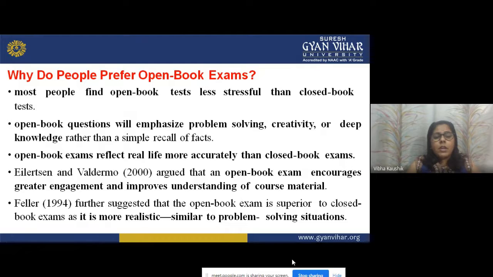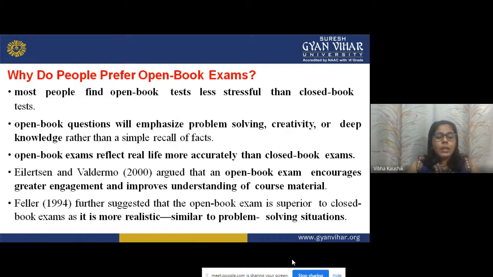Illustrin and Beltran in 2000 argued that open book exams encourage greater engagement and improve understanding of course material. Now, what is that? Greater engagement of the learner in the practice or in the doing of the exams, and improved understanding of the learner related to the subject material.